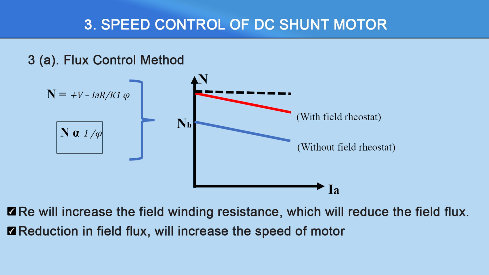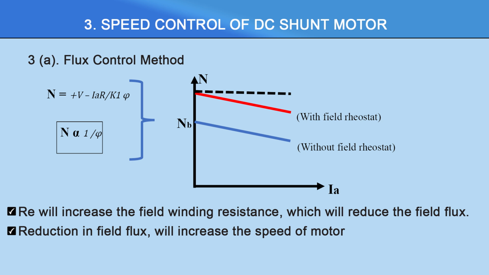With the addition of an external resistance, the current will reduce and the flux will reduce. And if the flux reduces, then the speed will increase, because the speed is inversely proportional to the flux. Means the overall relation is that by putting an external resistance in series with the field winding, we are increasing the speed of the motor by reducing the flux. So, this part we have discussed.